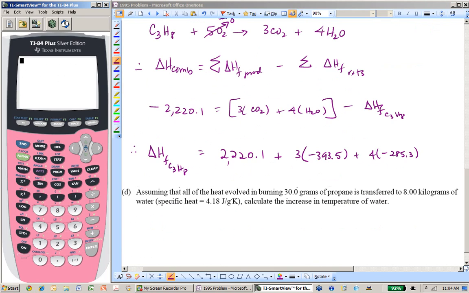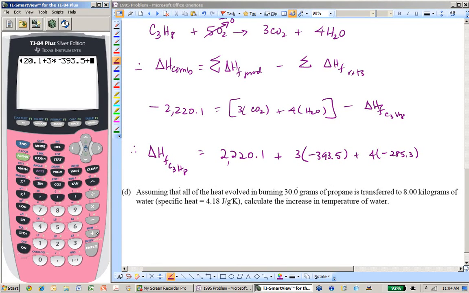So now it is a calculator extravaganza. Just punch everything in right. Plus 3 times the negative 393.5. Making sure I type everything right.